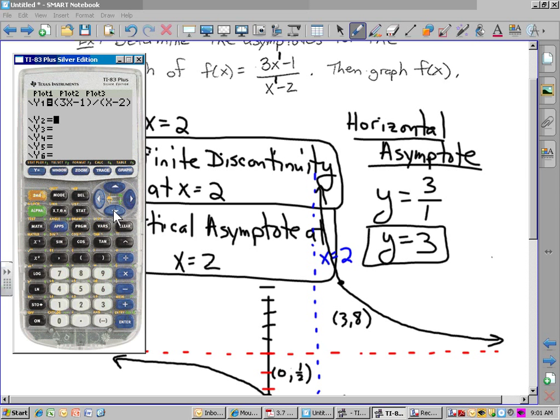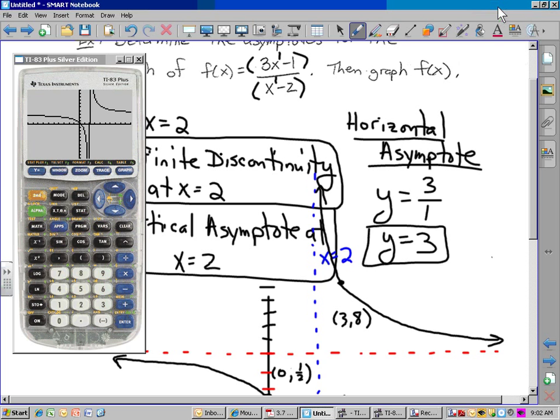I forgot to divide. Notice that you have to put parentheses around the top and the bottom, or you won't get the right graph. The calculator needs to know what is on top and what's on the bottom of the fraction. Zoom 6. Now my calculator is an older calculator, so please excuse me.